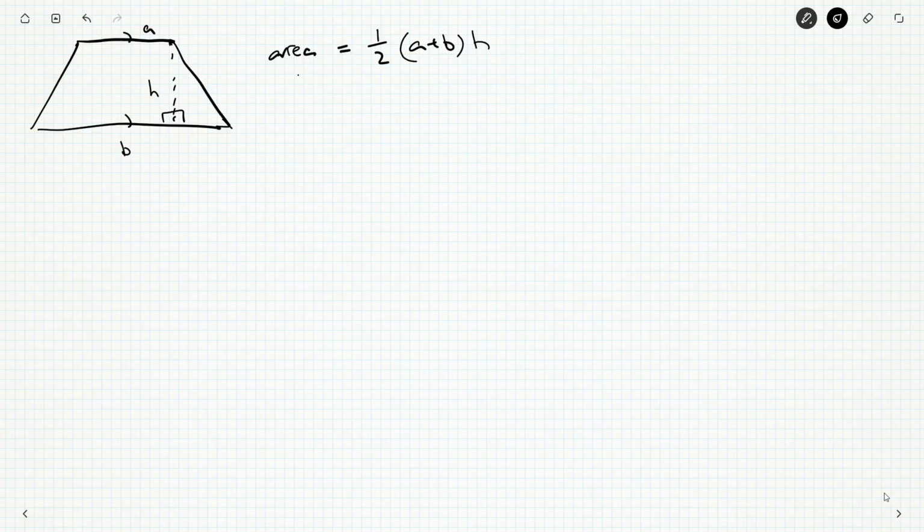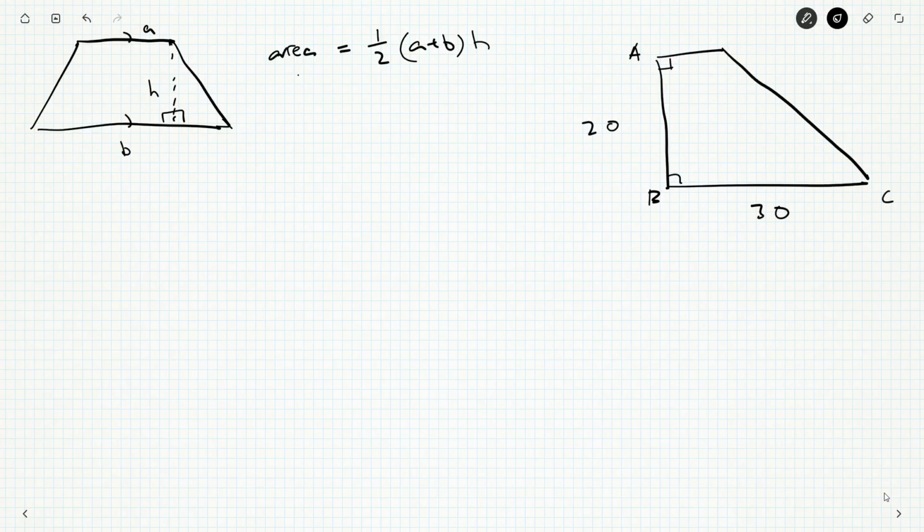Now, fortunately, we know the lengths of the parallel sides, and we know the height. A, B, C, D, and we've got 6 up here. The height of the trapezoid, which is really the only thing I think we need to point out, is AB, and that's 20.